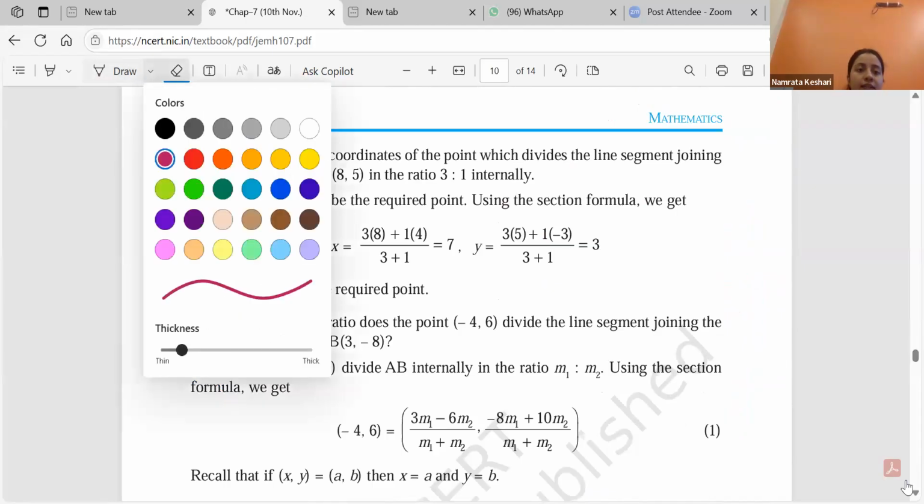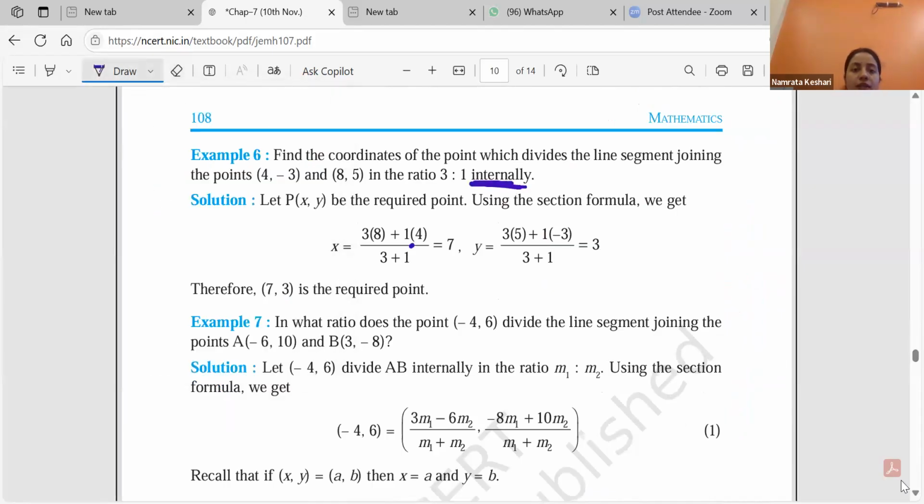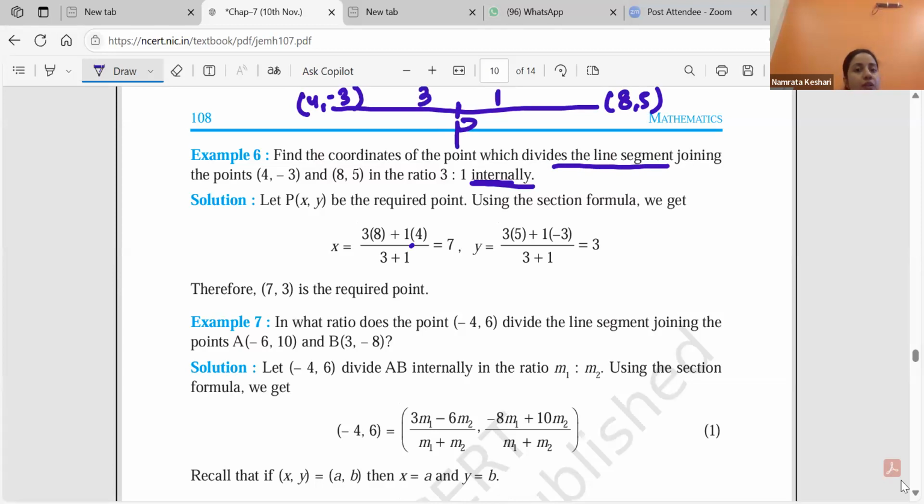See, why I said internally: because you will encounter in your question the word internally written, and you can ask me why it is written. We understand find means find the coordinate of the point which divides the line segment joining this and this in the ratio 3:1 internally.